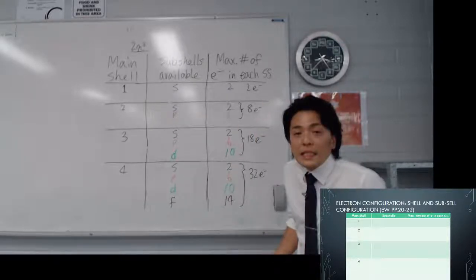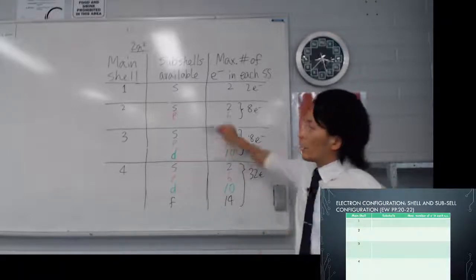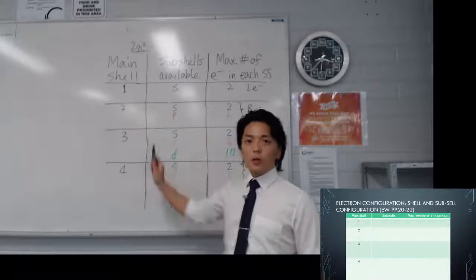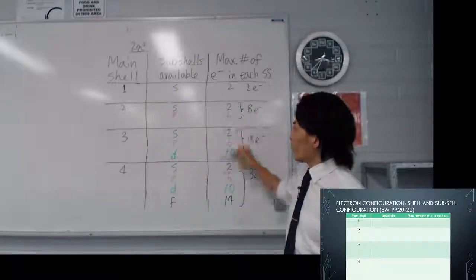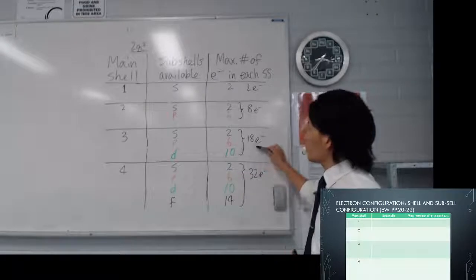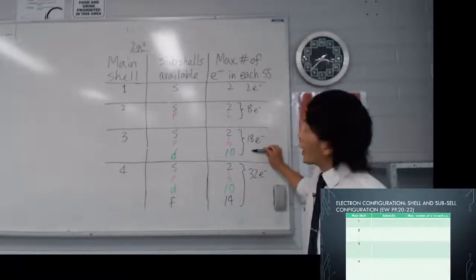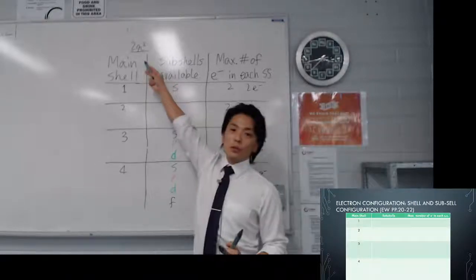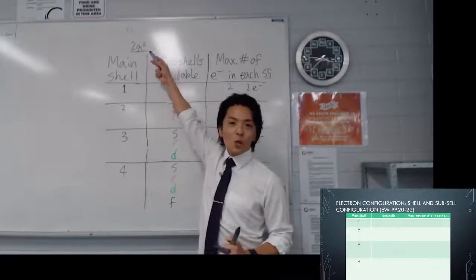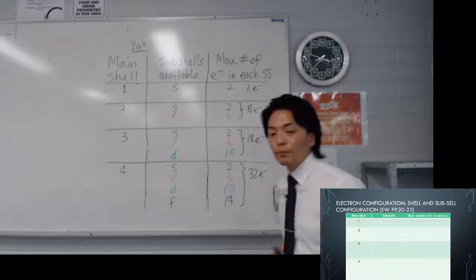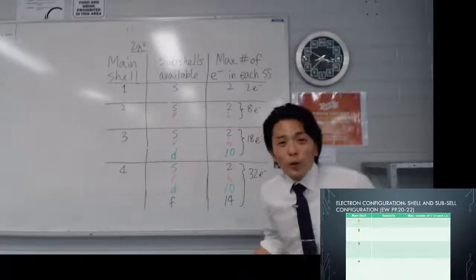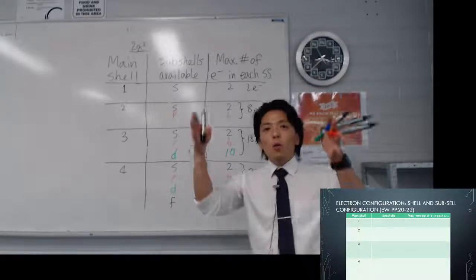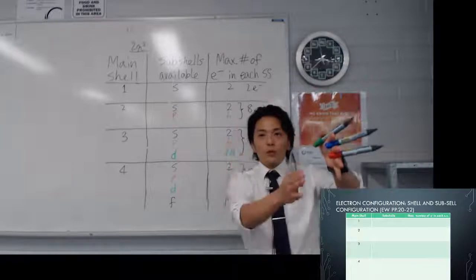That's not a coincidence, because we are just looking at the sections within the shell. So if you add all the maximum numbers of electrons, it should add up to what we have been talking about. And how do we come up with 2, 8, 18, and 32? We were using this 2n squared formula. That's all there is to subshell notation. It's just breaking down one level into different sections.